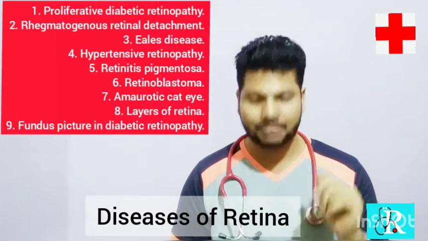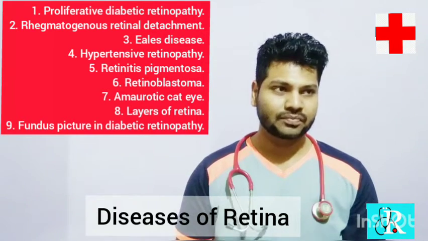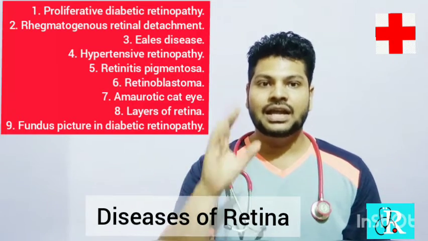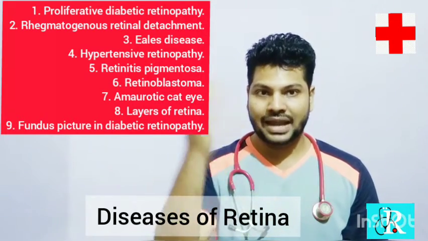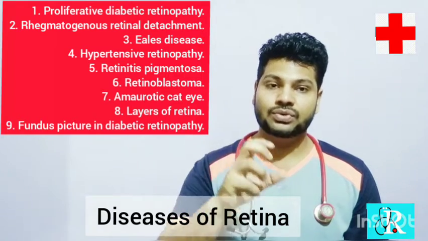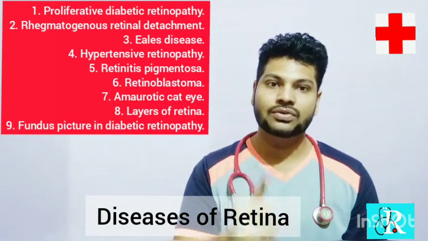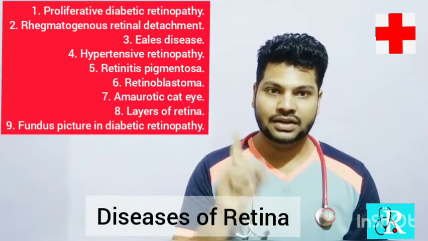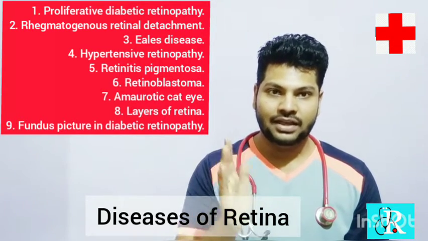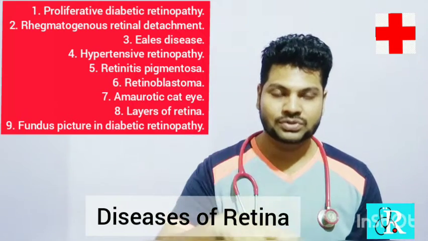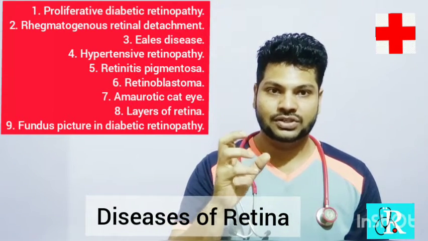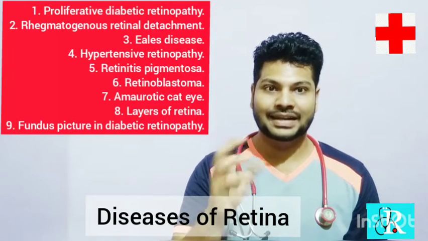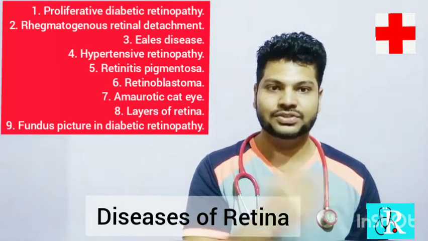Next comes rhegmatogenous retinal detachment. Whenever there is trauma, or because of aging, the retinal wall, the light sensitive layer of your eye, is affected. If you really don't know what the retina is, please go to the video, because it is a part of first year anatomy and physiology. The retina is the light sensitive layer of the eye, the third and innermost layer, which houses the rods and cones for converting light energy, light waves, into electrical signals which are sent to the brain.